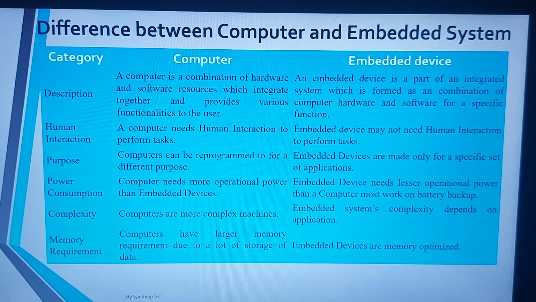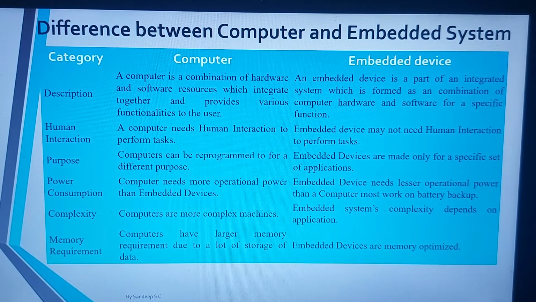Slight modifications or configurations, as we call them, are allowed, but an entirely different set of applications cannot be implemented using a particular device. It can be used only for the applications for which it is designed.